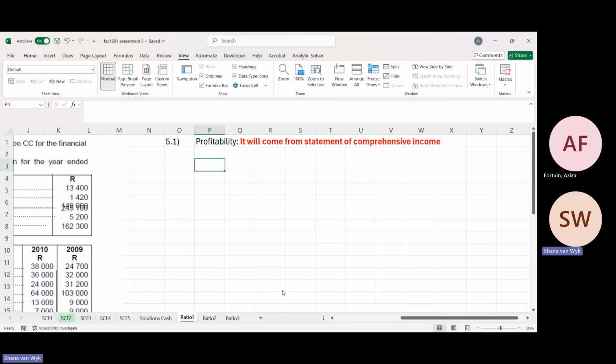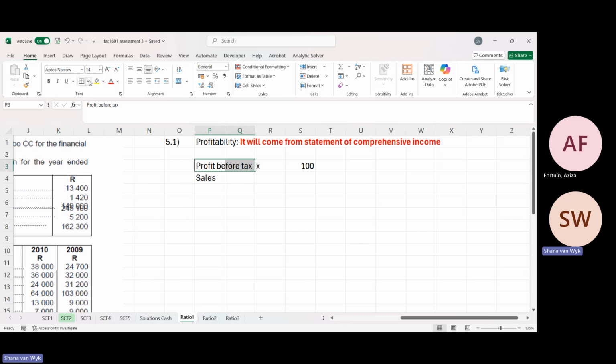Let me just quickly see. So profit margin, profit before tax over sales. Profit before tax over sales, and then this times by 100. So if that's fine.